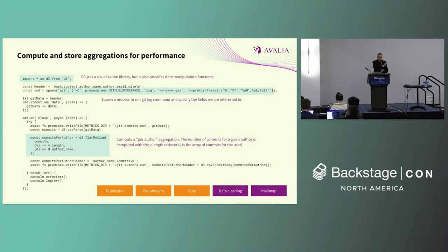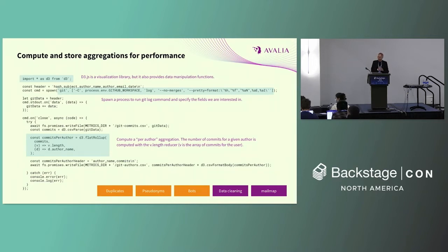What is also done in the pipeline is custom code. And what I'm doing here is computing aggregations. When you run git log, you will generate a CSV file with one line for every commit.